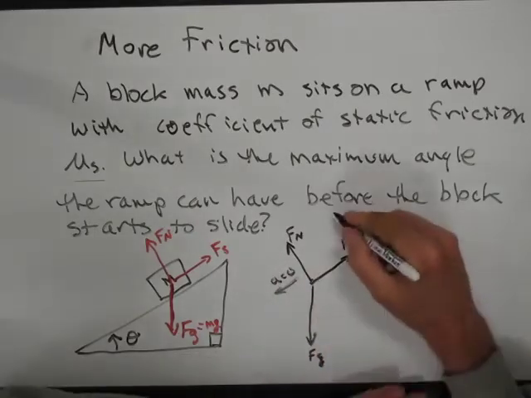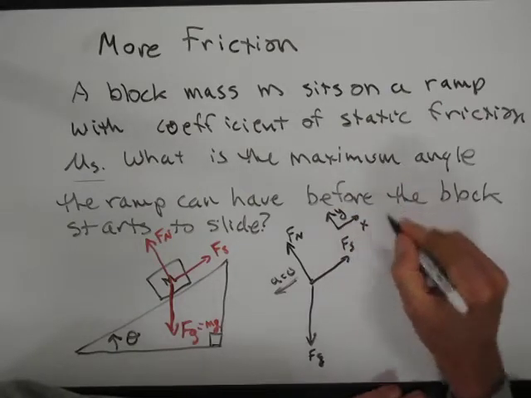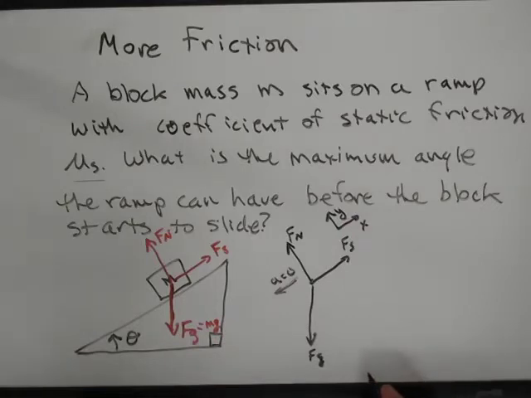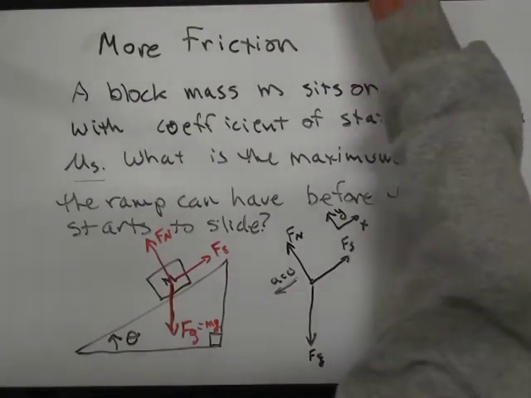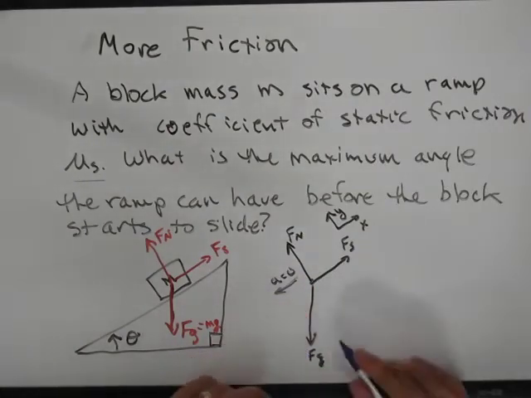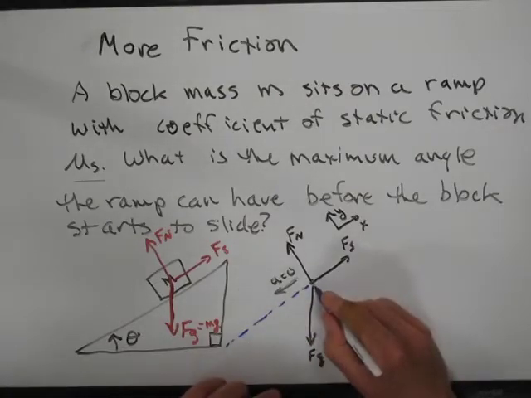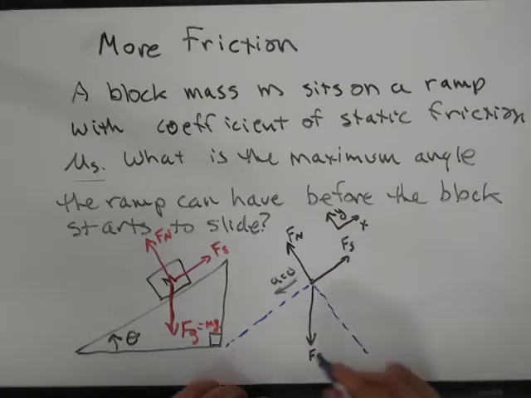And so I'm going to make a coordinate system. I've got a little more work to do in my free body diagram, because my coordinate system means that this vector has to be broken up into components. And so I'm going to draw my coordinate system on top of my free body diagram.